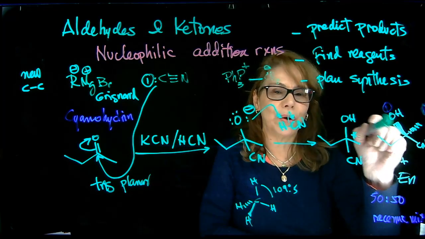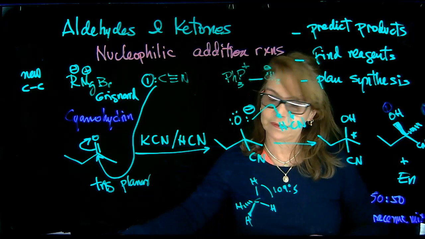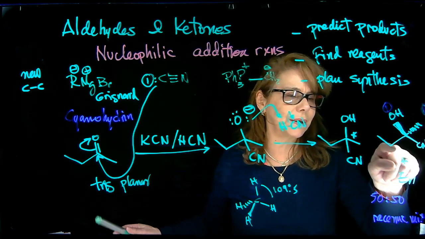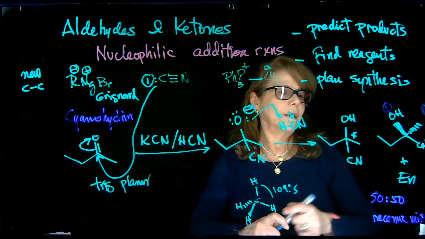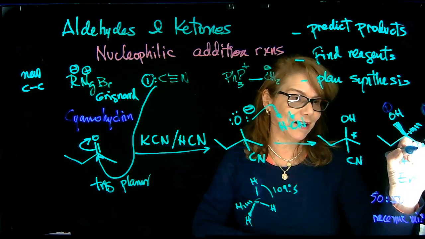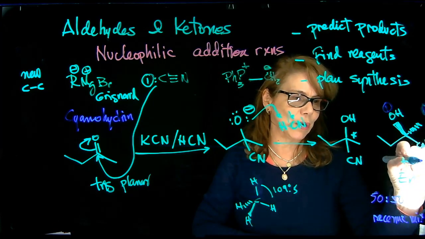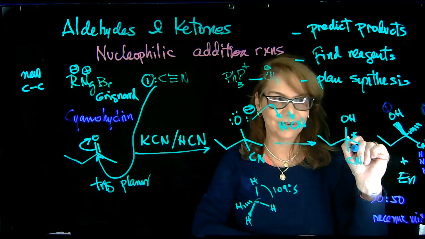I know the OH has the greatest atomic number, but then I have carbon, carbon, carbon. How do we break the tie here? This carbon is attached to, we count the triple bond, three bonds to nitrogen: nitrogen, nitrogen, nitrogen.